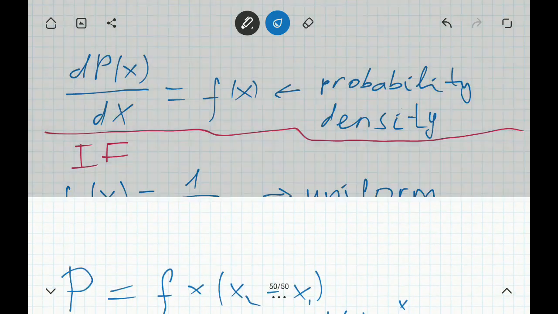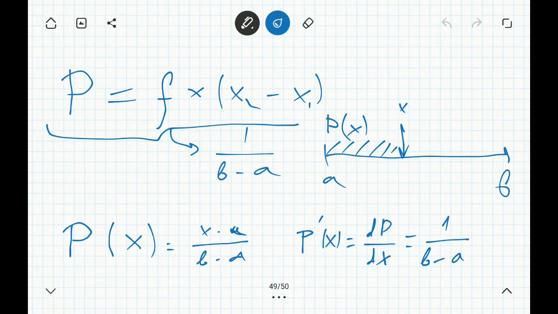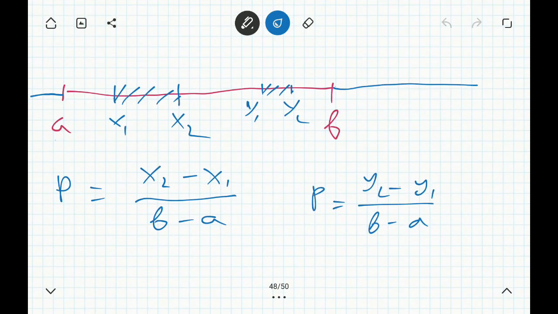So that means that outside our segment density is 0. So I'll add that here, f equals 0 here and here.